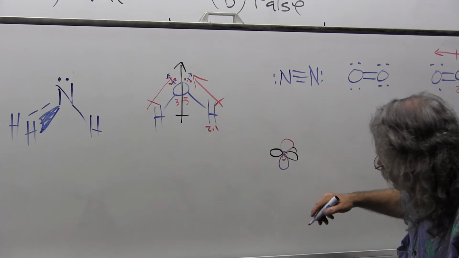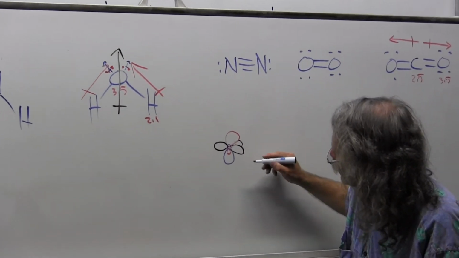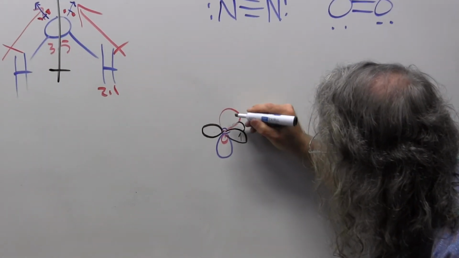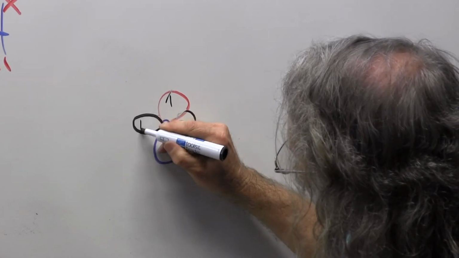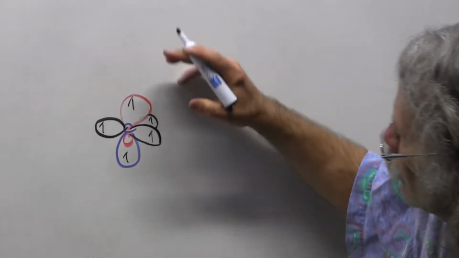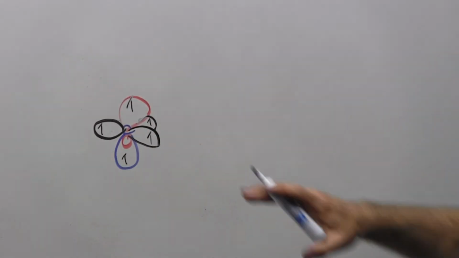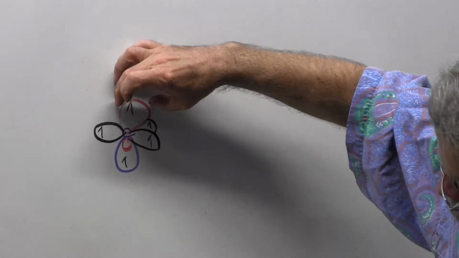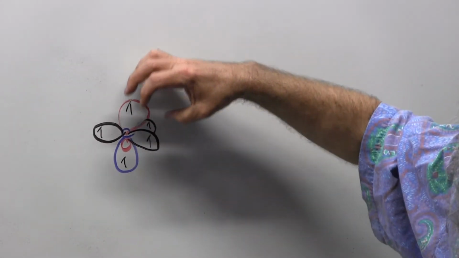So I have a trigonal, although it's not a very pretty picture, trigonal bipyramidal E-pair geometry. I would create hybrids, each with one electron in it, ready to overlap with other atoms, which can pair up and form covalent bonds.